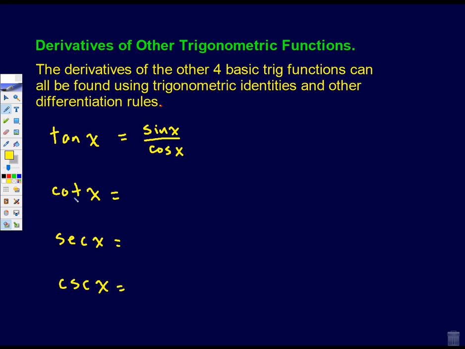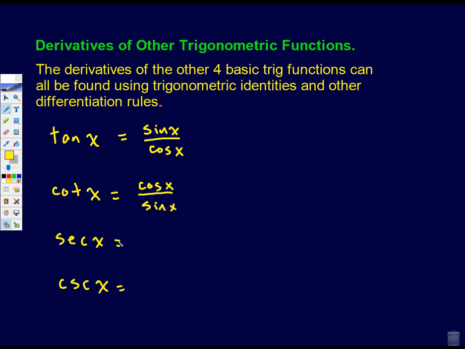A trigonometric identity for cotangent x is to take the cosine of x and divide it by the sine of x. And maybe you're saying now, aha, now I know why we needed to know the quotient rule, because I can now differentiate the tangent function and cotangent function using the quotient rule. I've now got them written in terms of one function divided by another one.